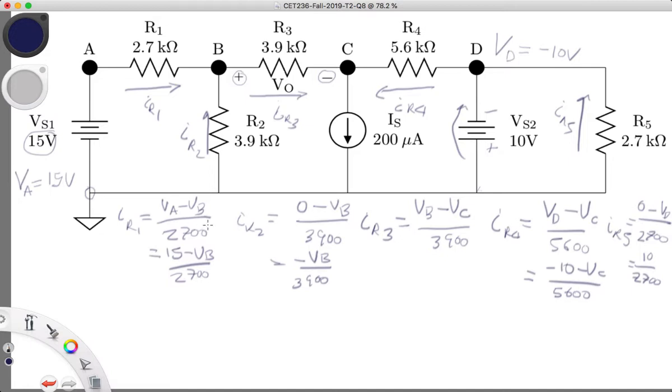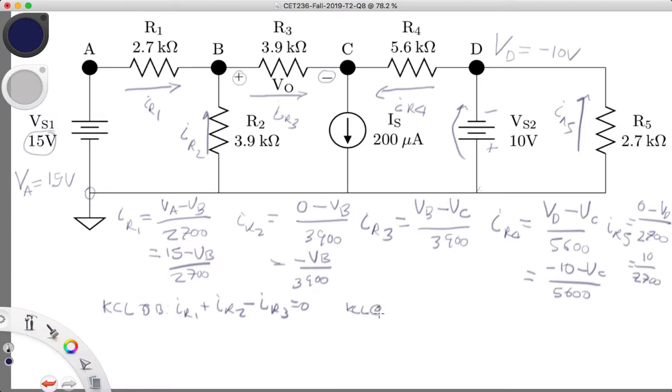Okay, now let's write the nodal equations, the KCL. So KCL at B is going to be IR1 plus IR2 minus IR3 equals 0.